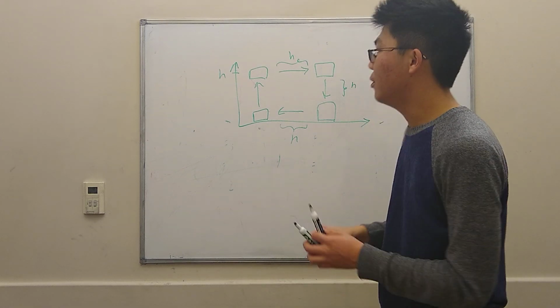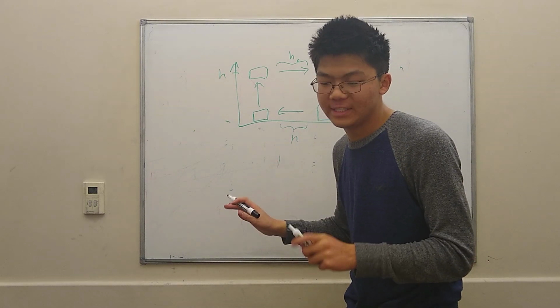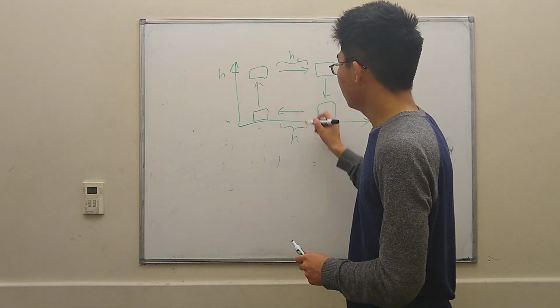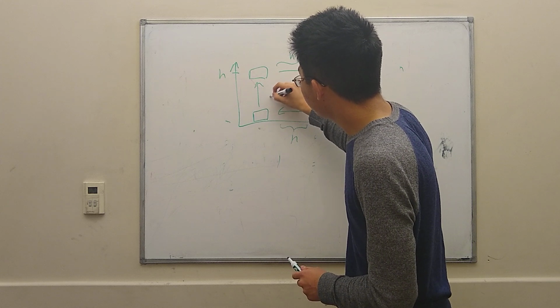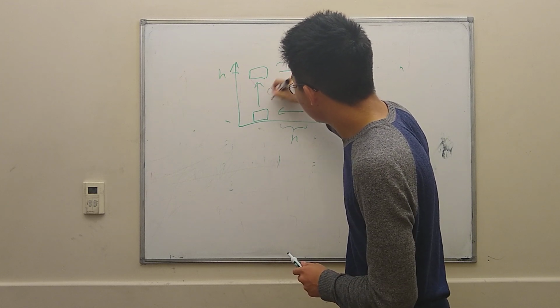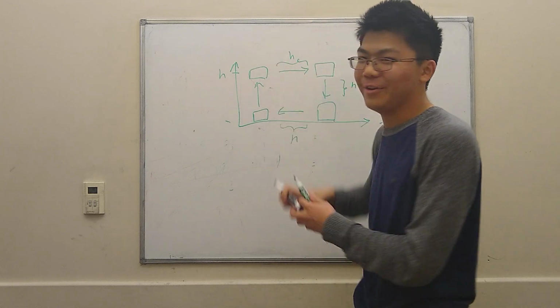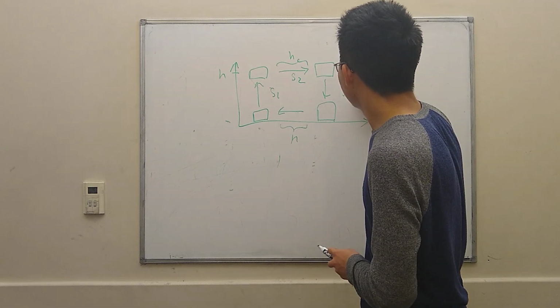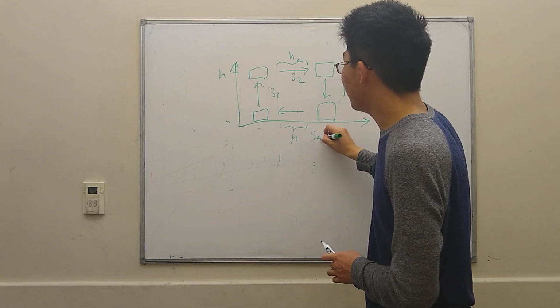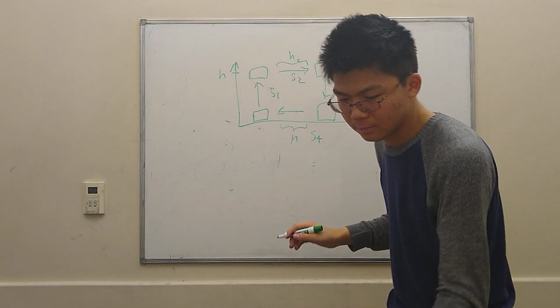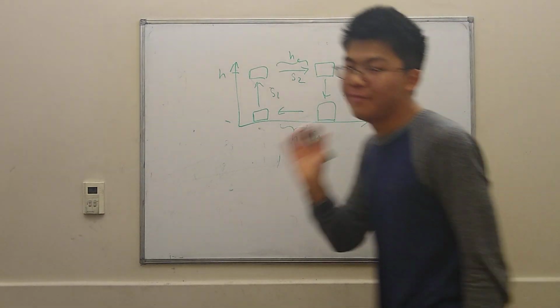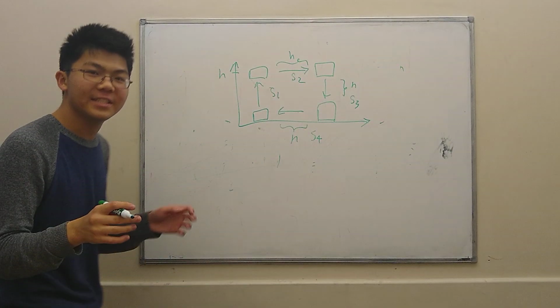And also, I'm going to split this into 4 segments. So, this is S1. The marker's terrible. Anyway, this is S1, this is S2, this is S3, and this is S4. I also need to bring up the definition of work in physics.